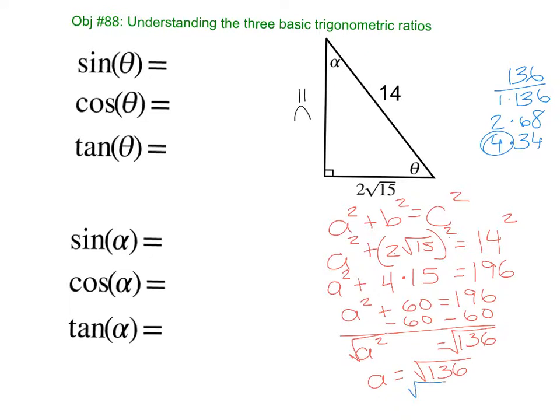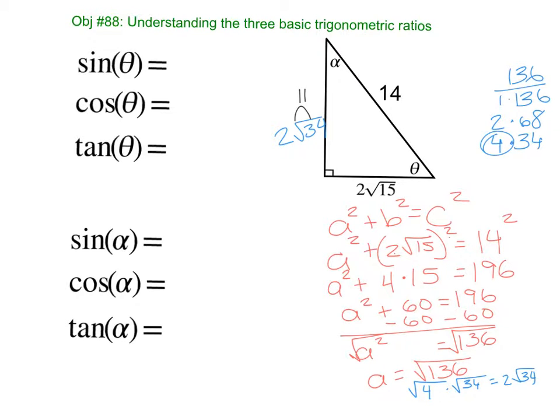So this is the square root of 4, square root of 34, 2 root 34. So that one's kind of hard, right? That's a rough problem.